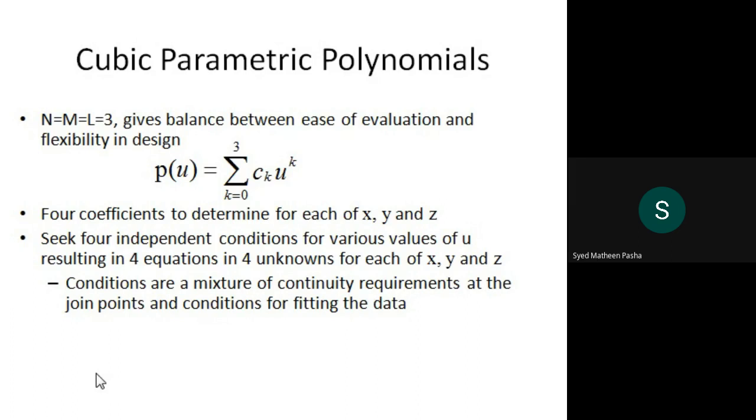What are those conditions? Conditions are a mixture of continuity requirements at the join points and the conditions for fitting the data. The conditions which will be applied onto the four equations used in the cubic parametric polynomials are basically used to join the points as well as the conditions for fitting such kind of data. Which kind of data? The data of the cubic parametric polynomial.